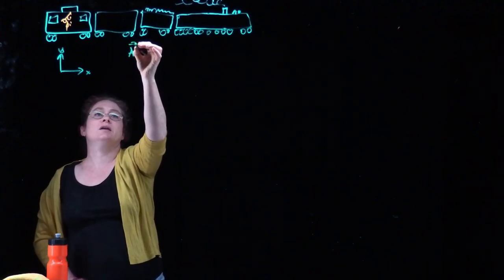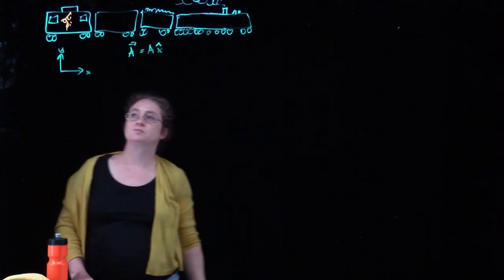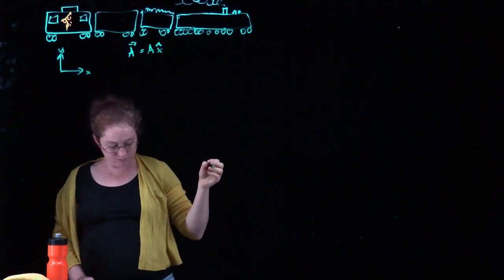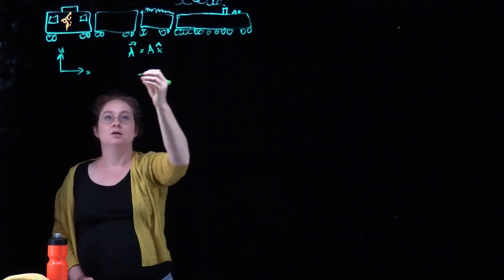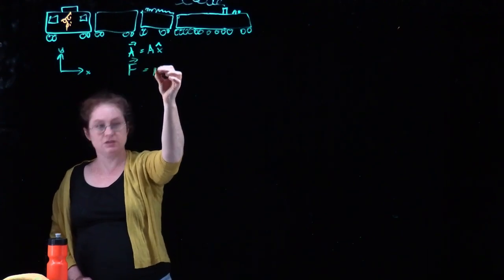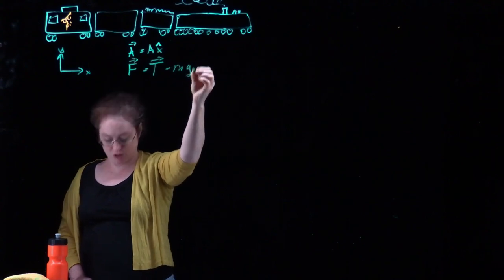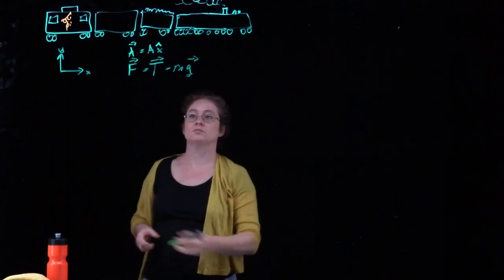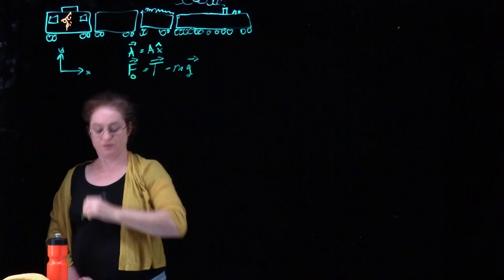So we'll do a equals a x hat, and then the actual force is the tension minus mg, and this is an F0.